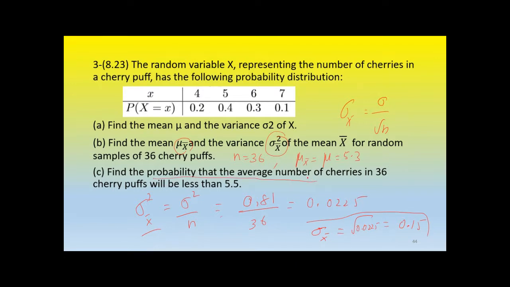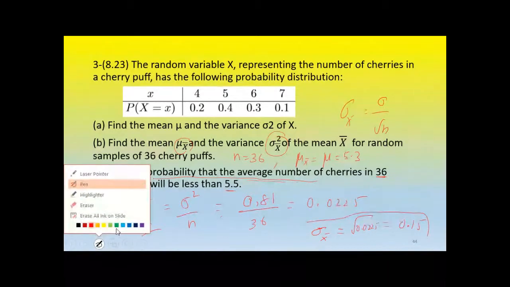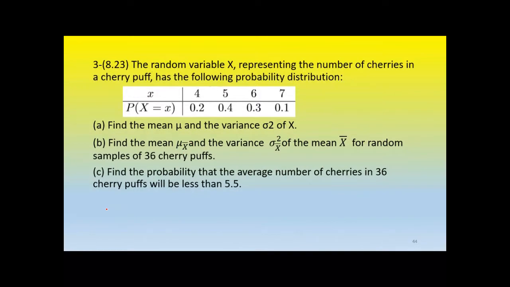Probability that the average number of cherries in 36 cherry puffs will be less than, so x bar is the average number of cherries in 36 cherry puffs. So we will go for problem number 3. See, it's given here the mean x bar for a random sample of 36, isn't it?